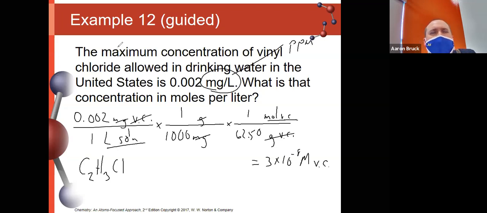That number, we have nothing that can really fathom what that means. That is a tiny number. That's why we use parts per million and parts per billion for these kinds of solutions. We can contextualize 3 or 2 much better than 0.0000003. All right, questions with this one?